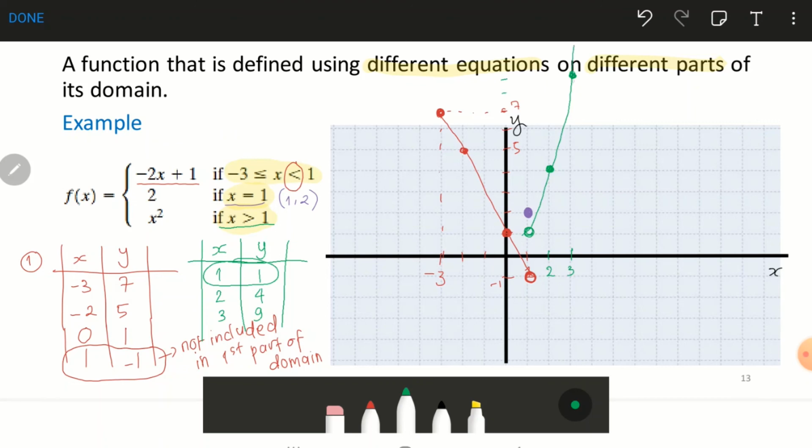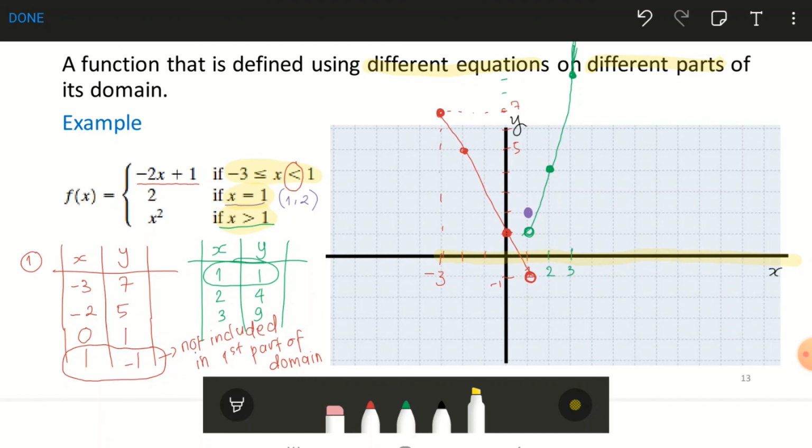Beware that this green curve goes to infinity, because x is greater than 1, which means any value of x greater than 1. But for the red one, it started at -3, so the domain is only this yellow part. Any value less than -3 is not included in the domain of our function.